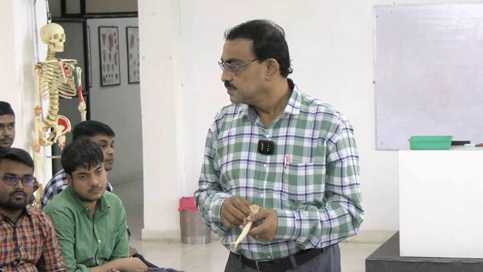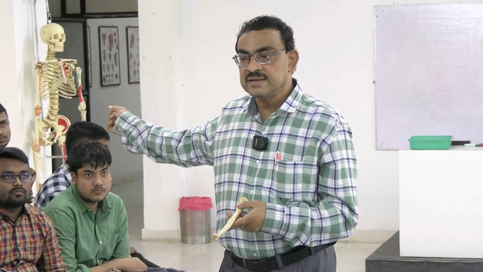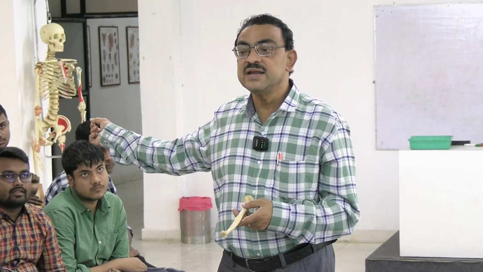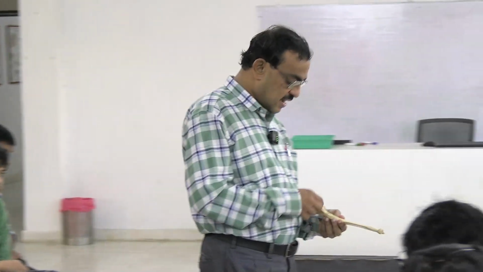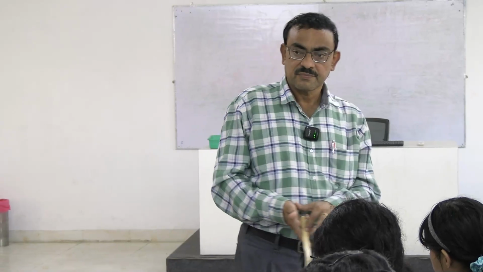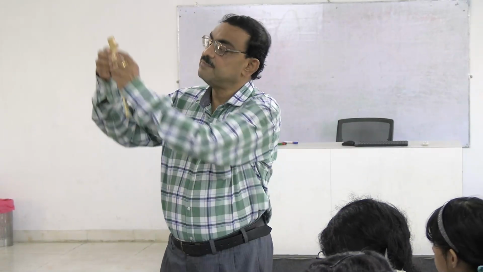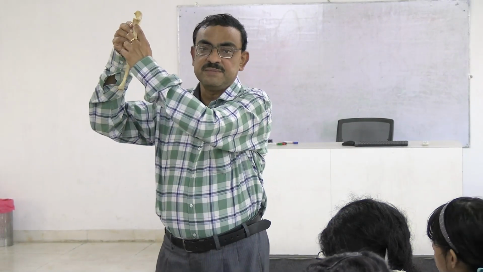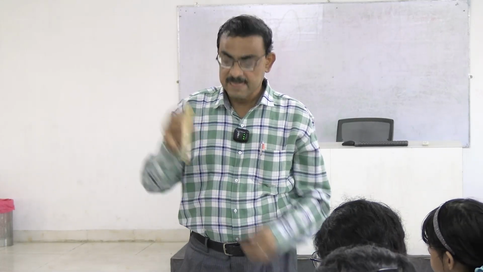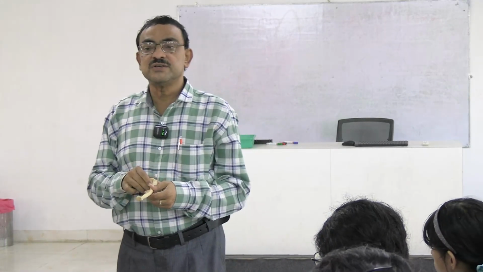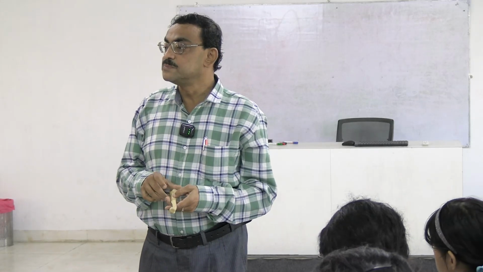Tuberosity we got in radius also, that is called radial tuberosity, and also we are getting ulnar tuberosity. Okay, it is very prominent, anteriorly placed, there is ulnar tuberosity.